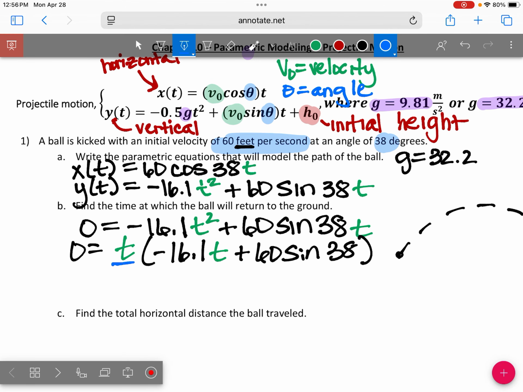When I set the first one, t, this is t equals 0. Because you have to think about it, there are going to be 2 times, that's why it's a quadratic, 2 times where the ball is going to have a height of 0. It's going to have a height of 0 when you kick it, and it's going to have a height of 0 when it comes back down to the ground. So now what I'm trying to figure out is how much time it is going to take to return to the ground.